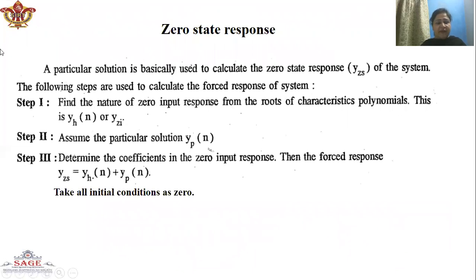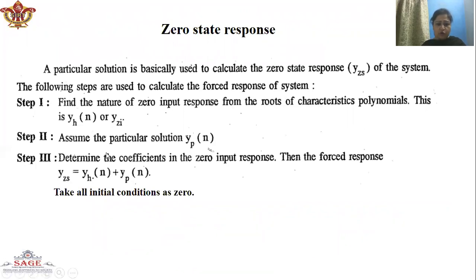Now, once we know how to calculate the homogeneous solution and the particular solution, these solutions can be used to calculate the zero state response of the system, which is also known as the forced response, in which we consider all the initial conditions to be zero. So what do we do for finding the zero state response?